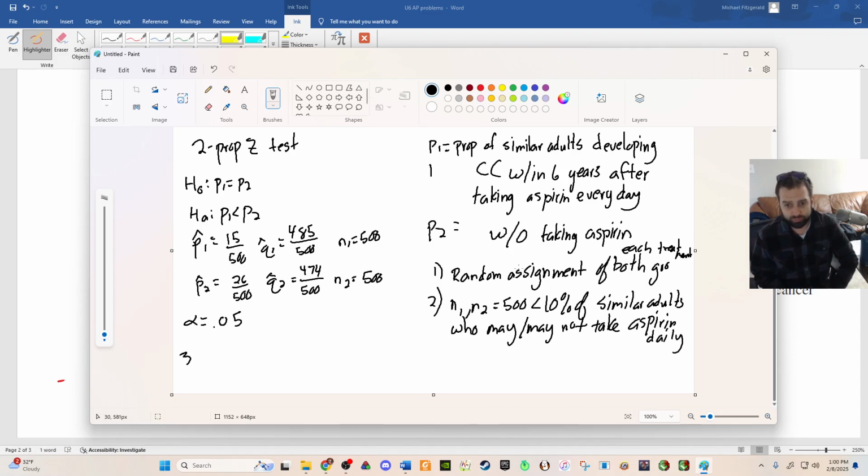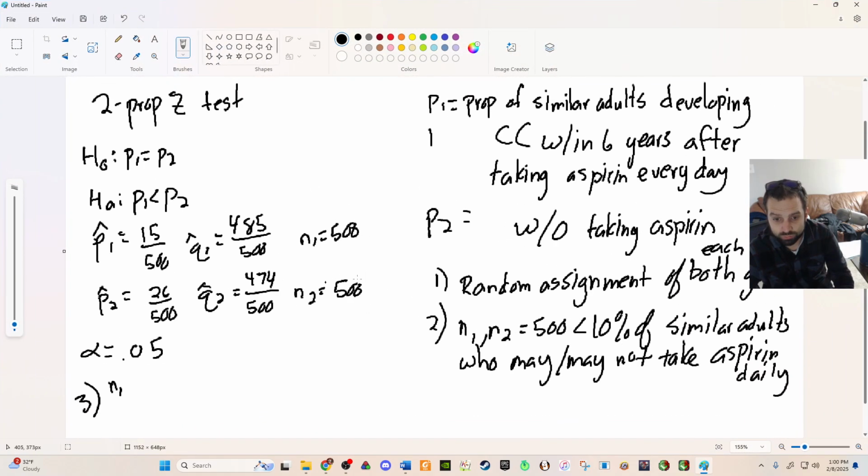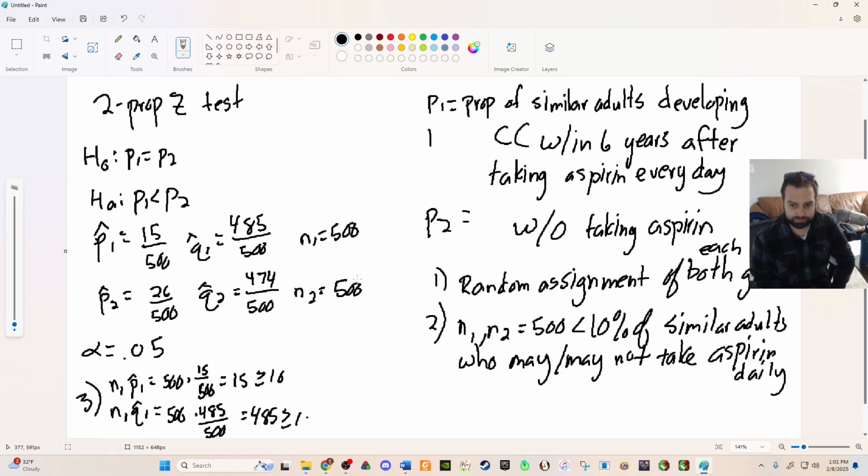Third one, that's where we're doing our checking for normal. Wouldn't I do n1 times p hat 1, that is equal to 500 times 15 over 500. Well, that's 15, greater than or equal to 10. n1 times q hat 1 equals 500 times 485 over 500, which is 485, much bigger than 10.